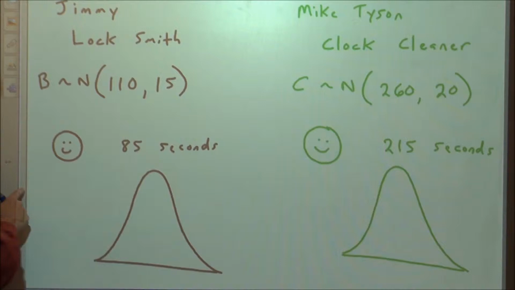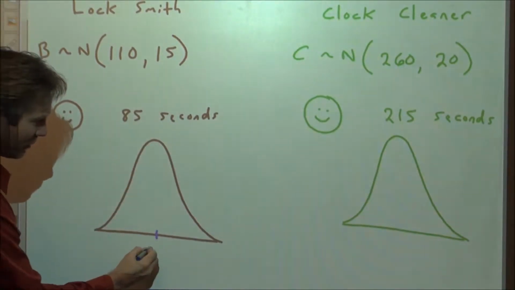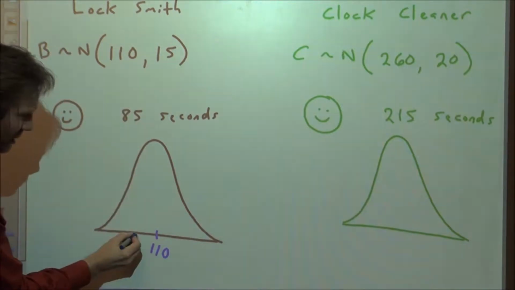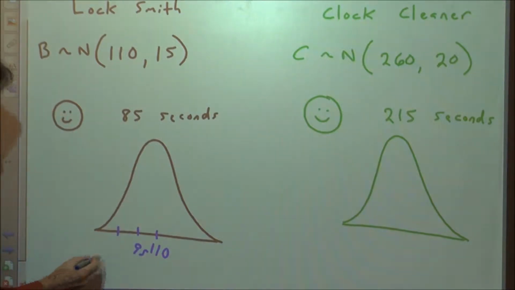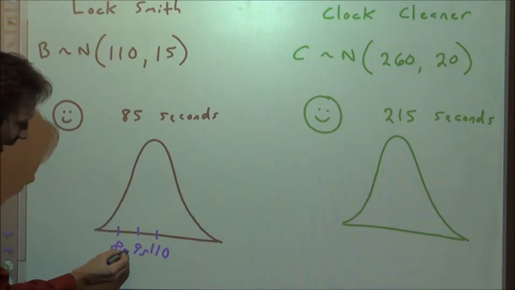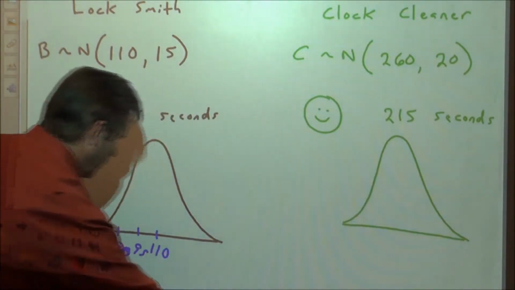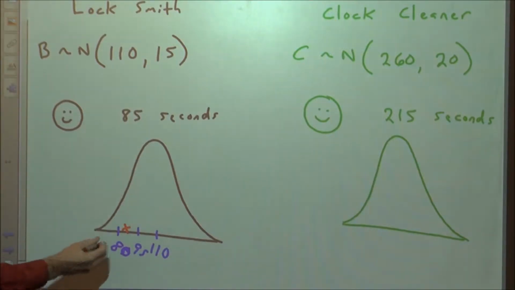Well, what we can do is look at z-scores. If we look at Jimmy, here's his mean at 110 seconds. If we go 1 standard deviation this way, that takes us to 95 seconds, and 2 standard deviations this way takes us to 80 seconds. So you can see Jimmy's result was less than 2 standard deviations below the mean at 85 seconds.